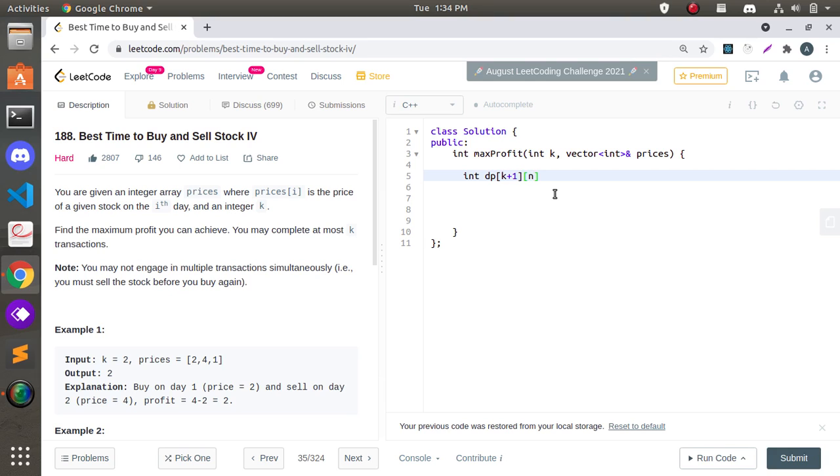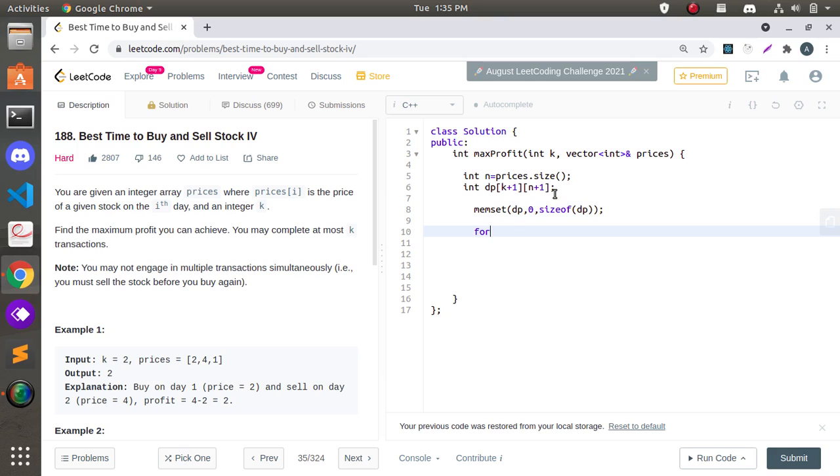So we first declare the value of n, which is the size of the prices. Now we will set all the values of the DP table to 0.